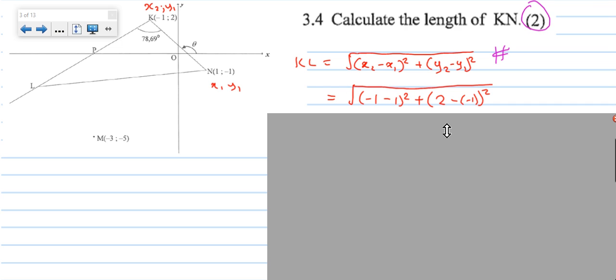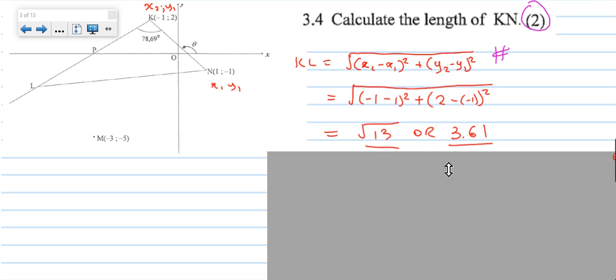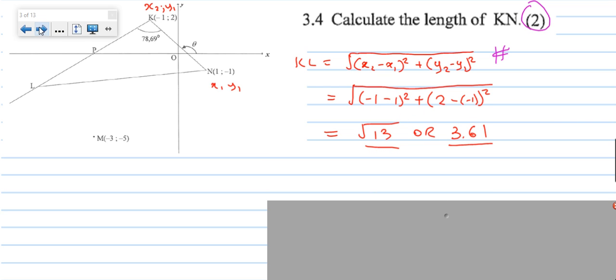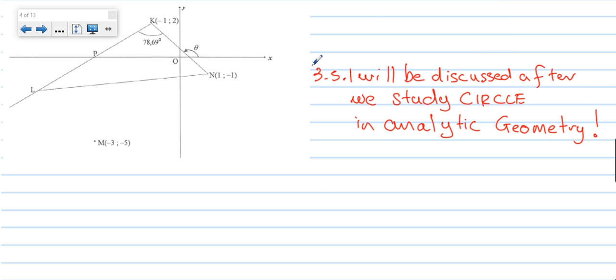Substitute correctly. Once again, use your calculator, and either of the 2 answers is acceptable. So far so good. Question 3.5.1 will be done after we discuss circles in analytic geometry, because it's a level 4 question.